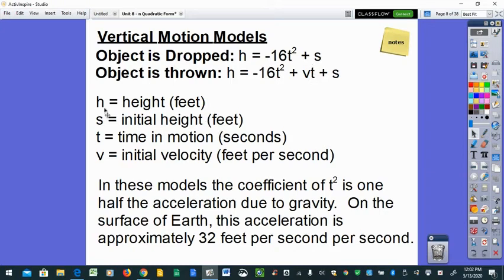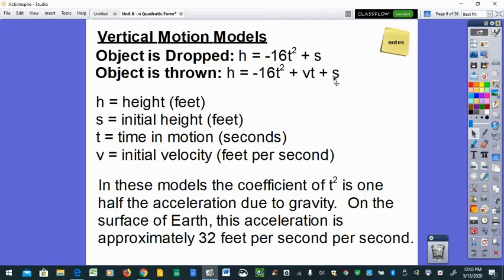So we've talked a little bit about this before. We did a firework in the past, and I told you we would start to develop these equations ourselves. So this is the basic formula, and I'll explain this -16 down here in a second. This h is the height in feet at a given time. The s out here is the initial height.